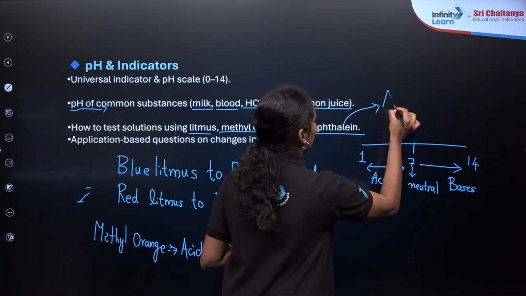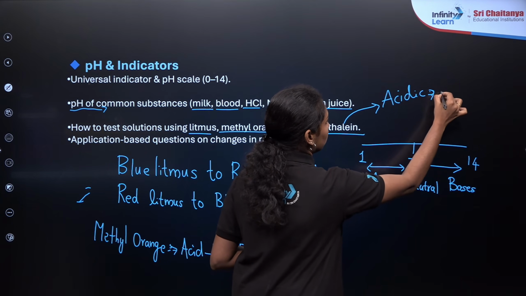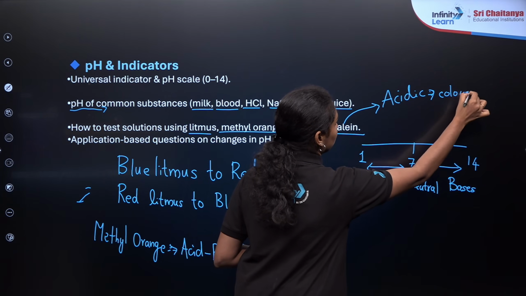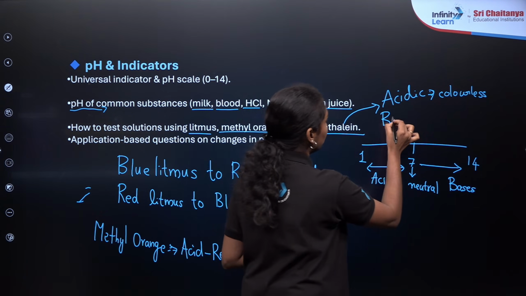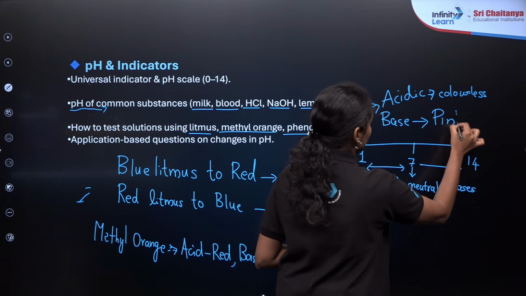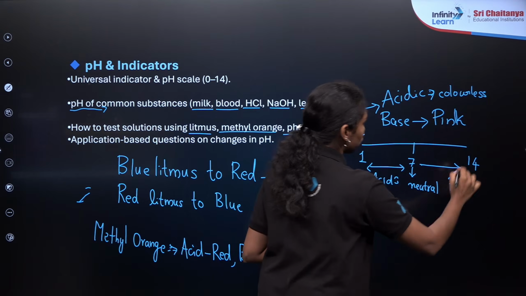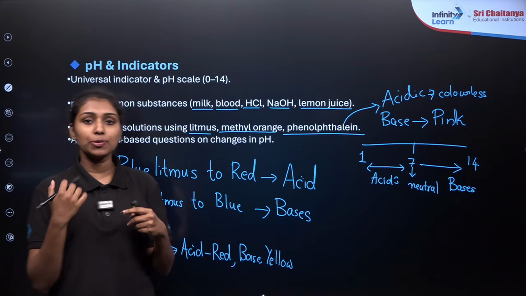In acidic solution, it is colorless, and for basic solution, it is pink in color, right? So we can identify an acid or base substance depending upon the indicator used, whether methyl orange or phenolphthalein, or using the litmus paper.